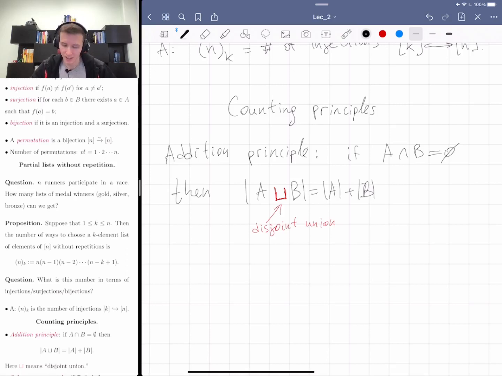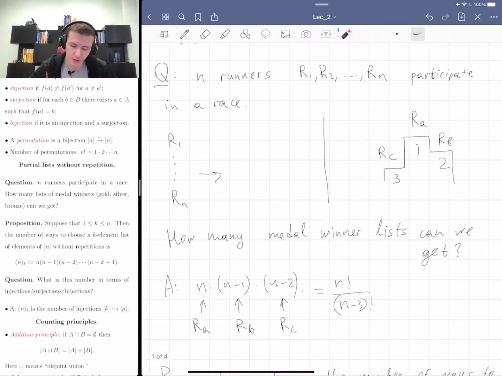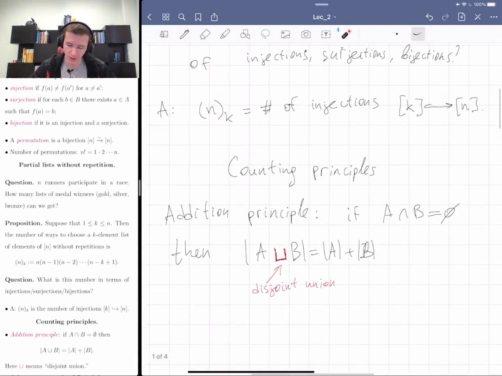When you use it, if you want to count a bunch of objects, usually you have to consider some cases. Maybe some runners finish the race, and some runners don't finish the race. Whenever you have to consider 2 disjoint cases, you add up the answers.